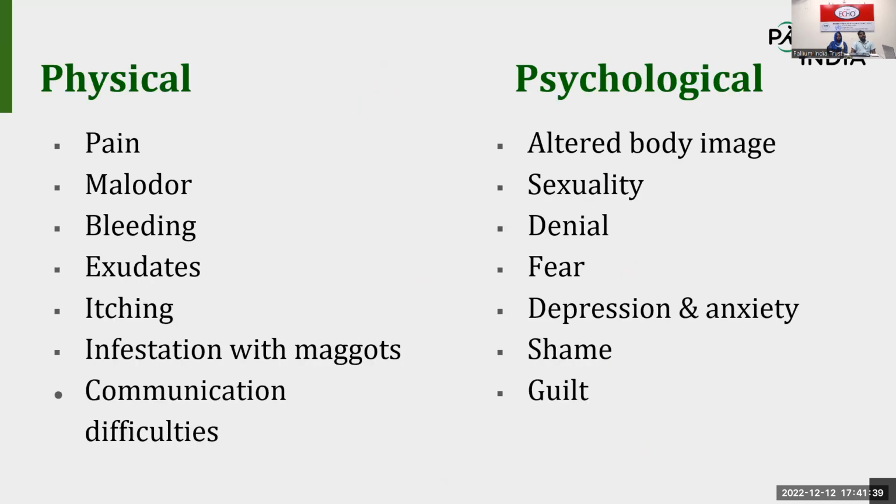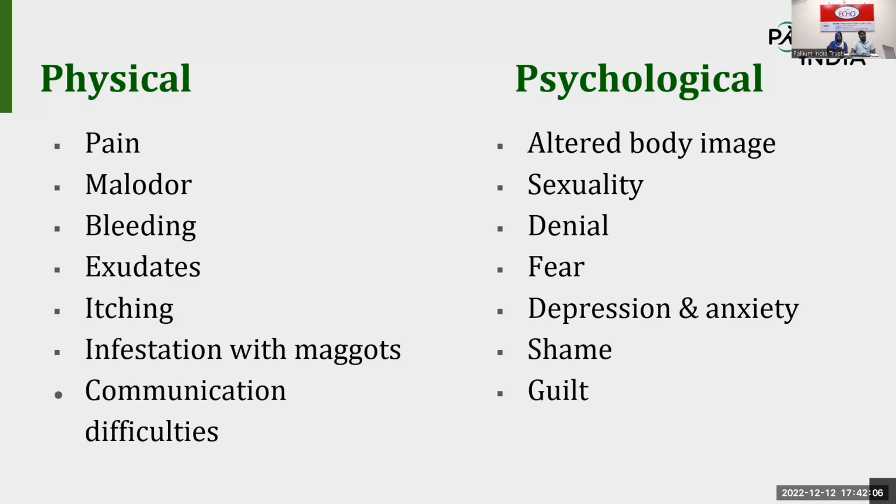First one, physical. Physically, if the patient has a fungating or cancerous wound, the patient will surely have pain. Another one is malodor. A fungating wound gives that much foul smell that the patient and the family will feel. Then bleeding, because it alters the coagulation, so it may cause bleeding.